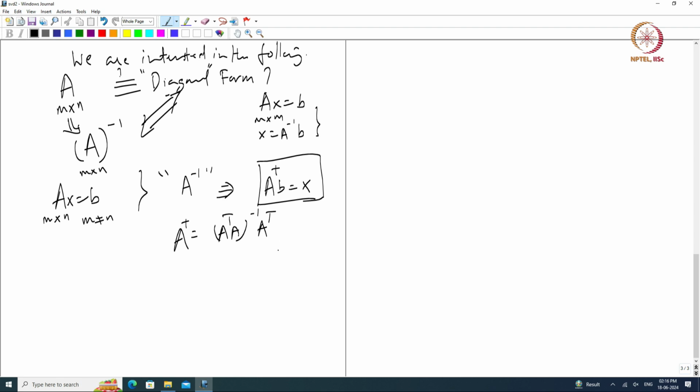And we also saw that we actually end up solving A cap B cap equal to x cap, and we actually solve for x cap and not equal to x.